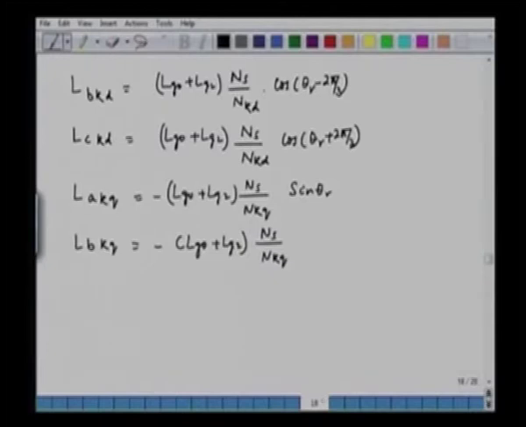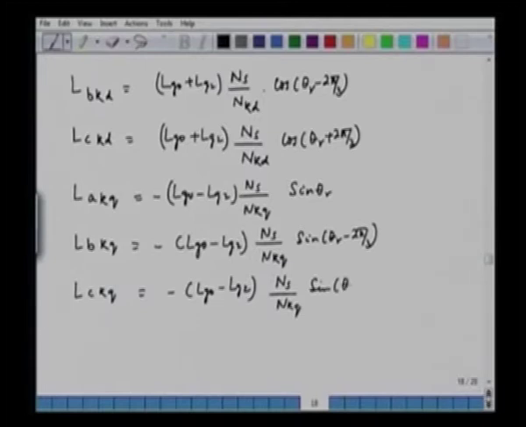So, in this case we have Lg0 minus Lg2 and Lg0 minus Lg2 sine of theta r minus 2 pi by 3, and LCKQ is equal to minus Lg0 minus Lg2 Ns by Nkq sine of theta r plus 2 pi by 3.